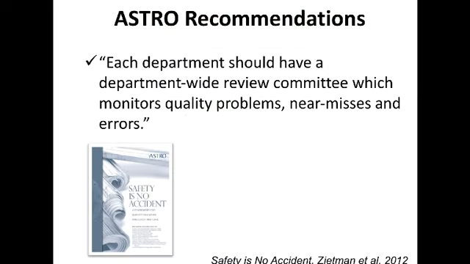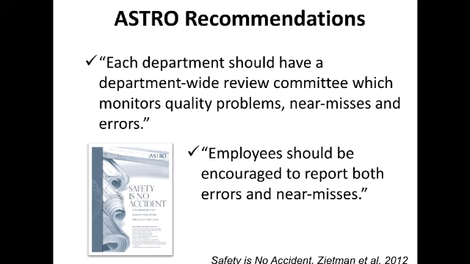Here's one recommendation: each department should have a department-wide review committee which monitors quality problems, near misses, and errors incidents. Another recommendation: employees should be encouraged to report both errors, meaning incidents, and near misses. So the language from the professional society is very pointed.